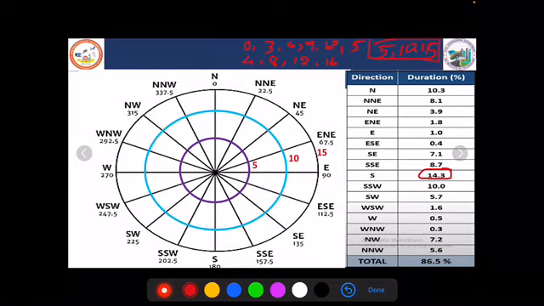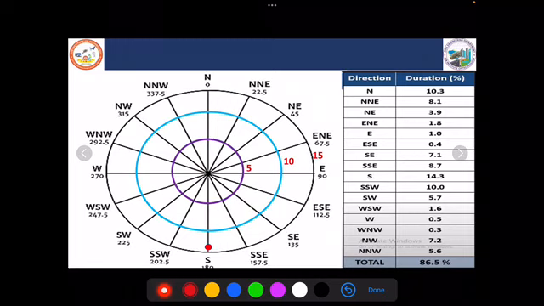The next step is to mark these durations on the windrose diagram. How to mark? First take each and every direction. First I have the north direction. In the north direction, the percentage of wind coverage is 10.3. So from the north direction, you can see here this is the line for 10%, and 10.3, between 10 and 15, the wind coverage will be there.